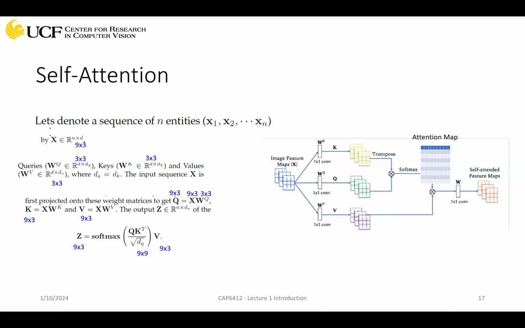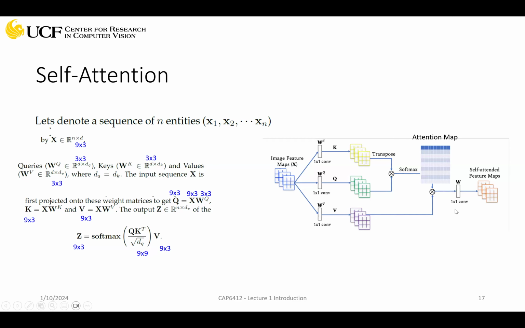And then you can also describe it in terms of convolution filters. So therefore, we will have 9 parameters for the WQ, 9 for WK, 9 for WV, and then we have the last one, which is this matrix.